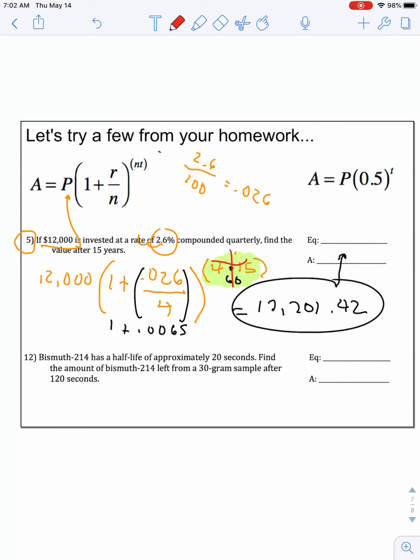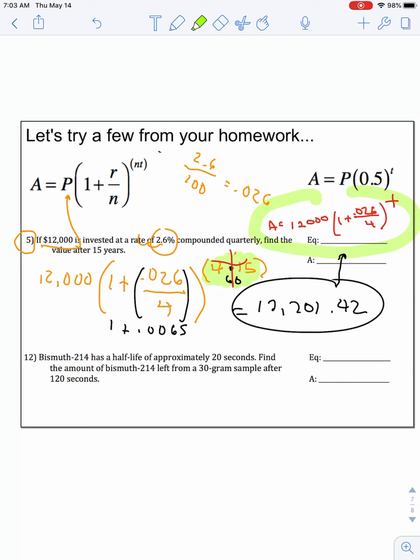Basically the way to write this equation is 12,000 times 1 plus 0.026 divided by 4, and then we're just going to put a T there. Because that way, if we wanted to change, hey, what's the value after 10 years, after 20 years, after 13 and a half years, we can just change the T. And that's why we put these equations more in general when we write them down.